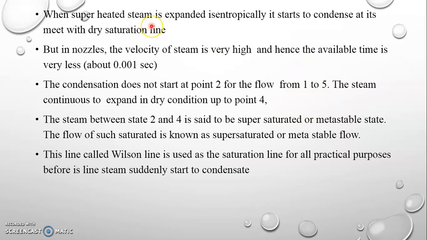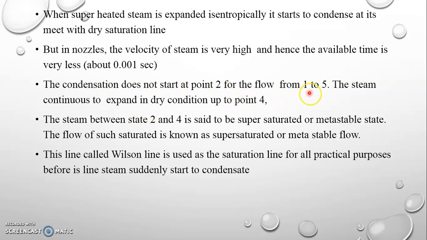When superheated steam is expanded isentropically, it starts to condense as it meets the dry saturation line. But in the nozzle the velocity of the steam is very high, and hence the available time is very short, as I told you previously, 0.01 second. The condensation does not start at point 2.